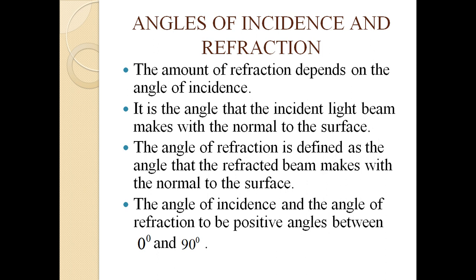The angle of refraction is defined as the angle the refracted beam makes with the normal to the surface. The angle of incidence and the angle of refraction are taken to be positive angles between 0 degrees and 90 degrees.